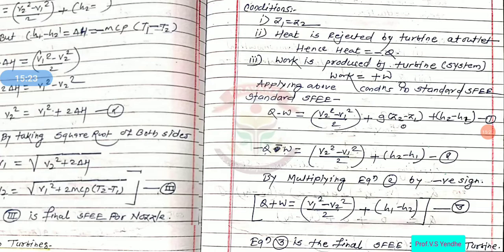Then putting all these conditions into the steady flow energy equation, Q minus W is equal to (V2 square minus V1 square) divided by 2 plus g(Z2 minus Z1) plus H2 minus H1.